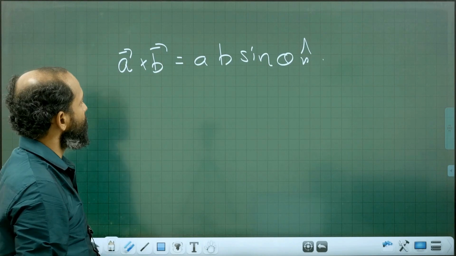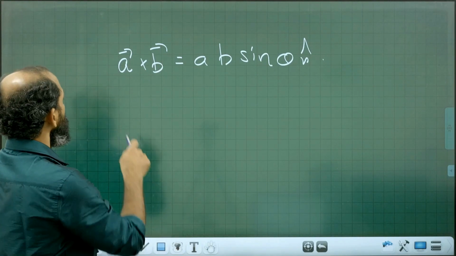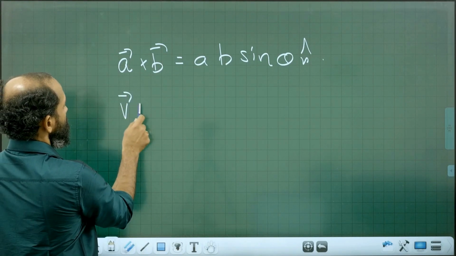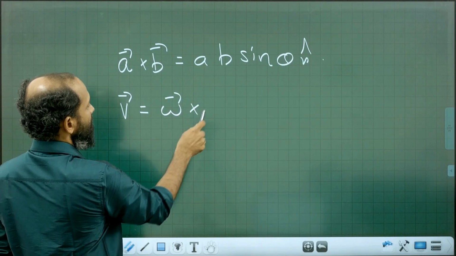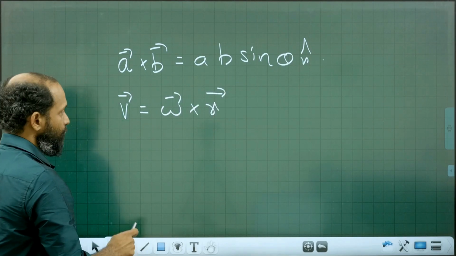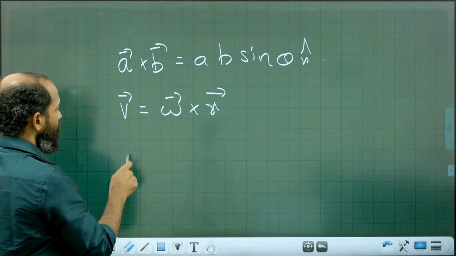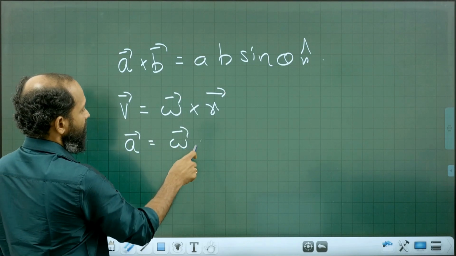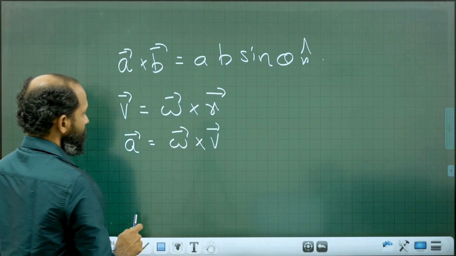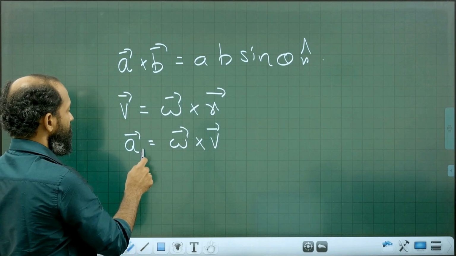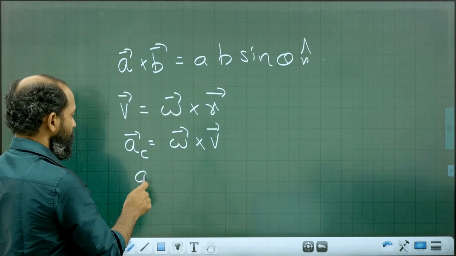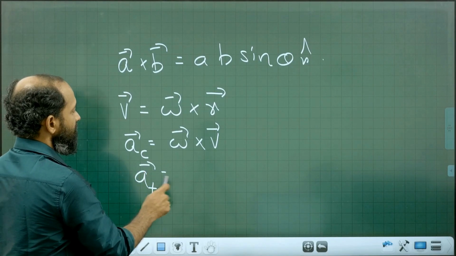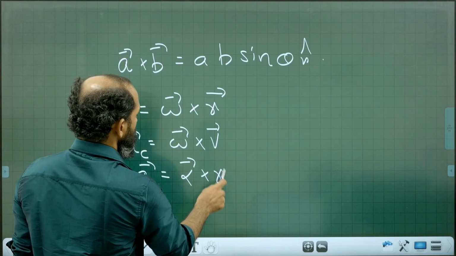In this chapter, we have used so many vector products. One among them is the relation between v, omega and r: v equals omega cross r. Another one is a equals omega cross v, that is centripetal acceleration. Another one is tangential acceleration, alpha cross r.